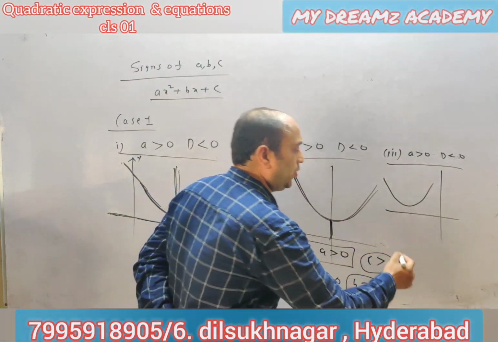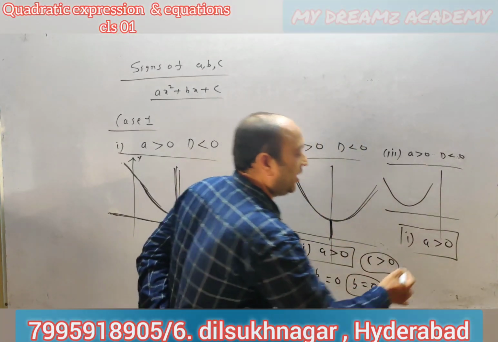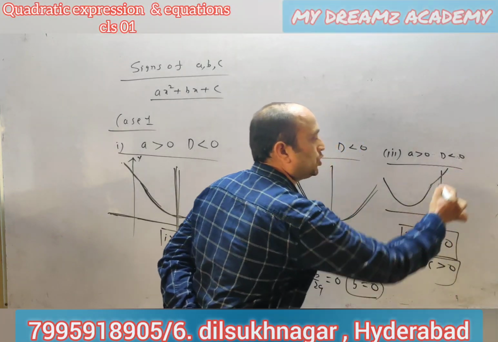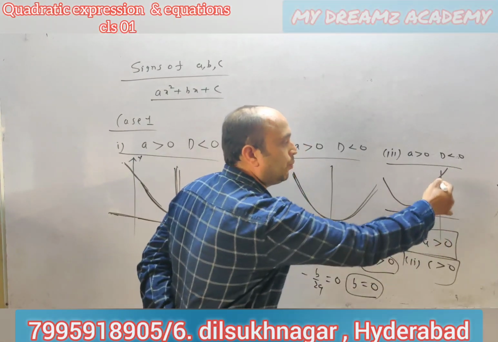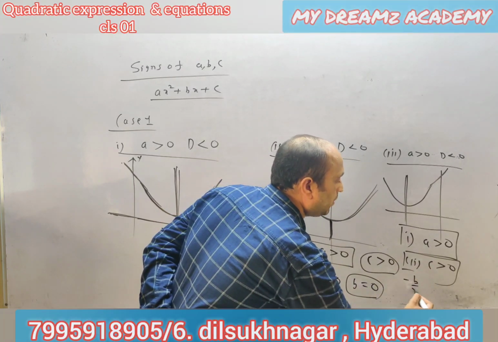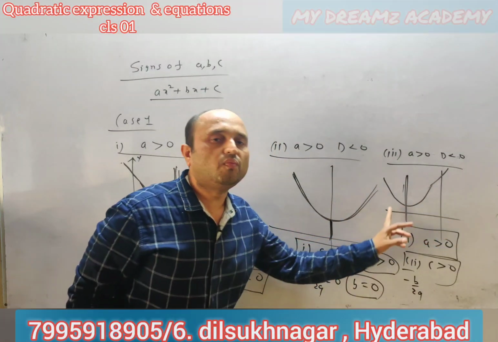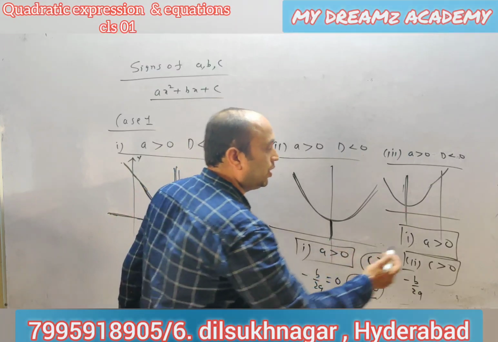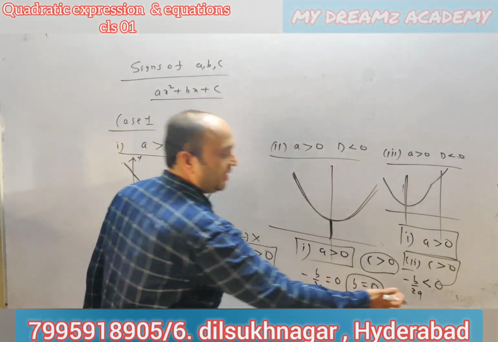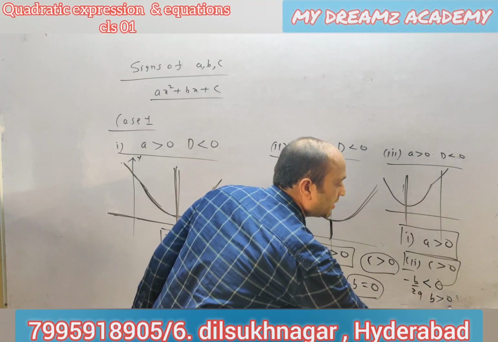Here also a is greater than 0, and c is also greater than 0, because the y-intercept should be positive, on the positive y-axis. What about b? Minus b by 2a is on the left-hand side of the y-axis, so it is negative. Since a is greater than 0, sending the minus term to the other side, b is greater than 0.